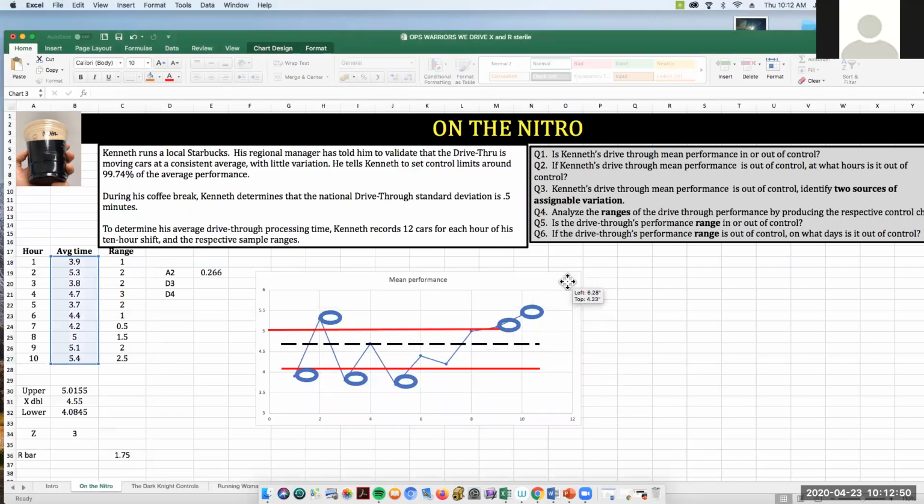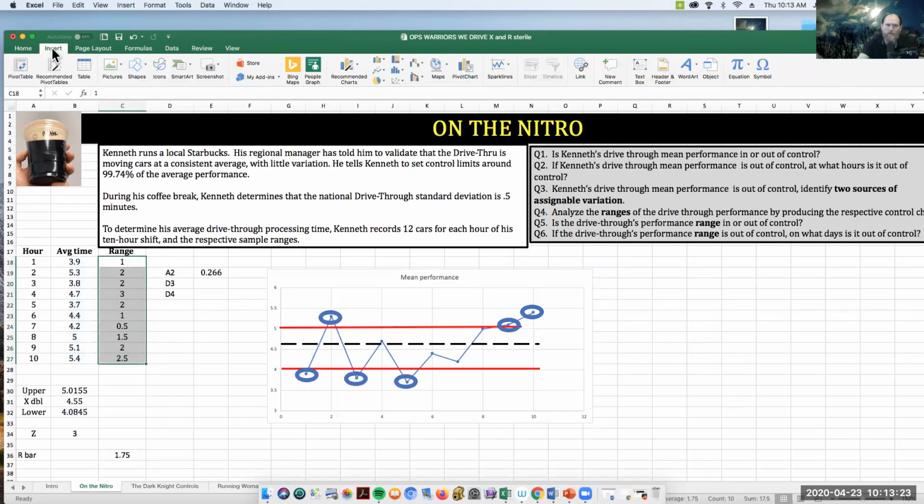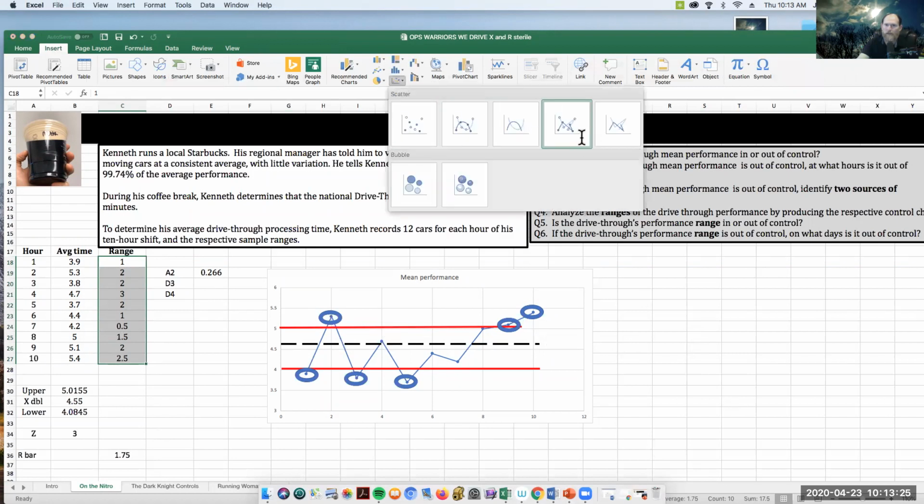Okay, let's go into the R chart. Whoops, I don't want to move that. That's the problem with slapping all the stuff on here, I can't move it as a group. So let's see here. Ellie, why don't you get us started on how do we do the R chart? Well, just do the same thing with the range and graph it. So you want to graph these points? Yeah. Okay. So I'm going to highlight those, go up here, grab what I call my connected scatter.